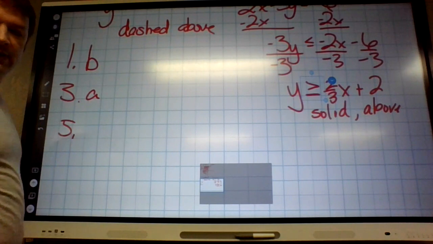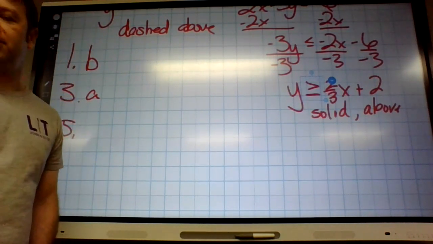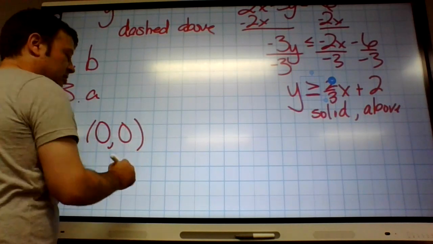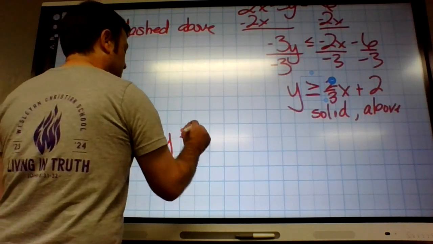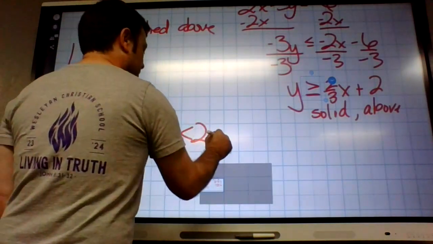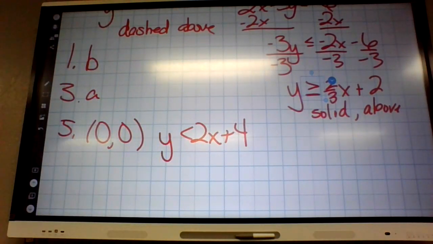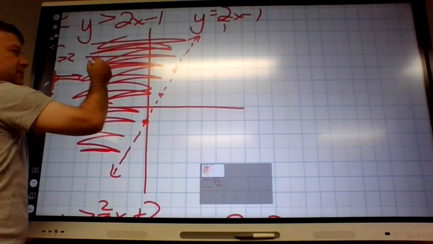Number 5. State whether the given point is a solution to the inequality. How can I tell if 0, 0 is a solution for this inequality? Plug it in. I forgot to talk about this: do you know why we shade all this in?